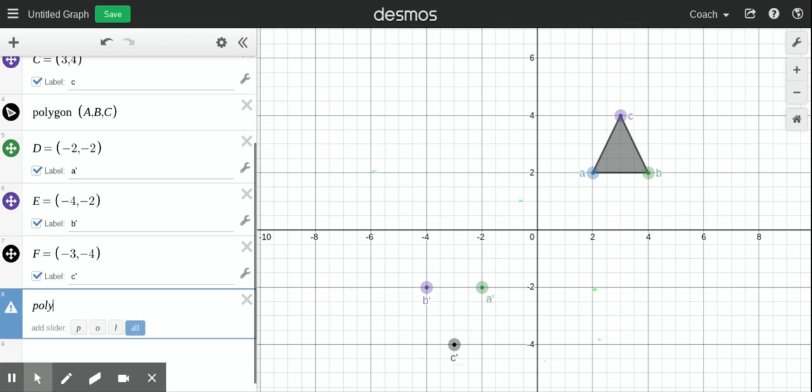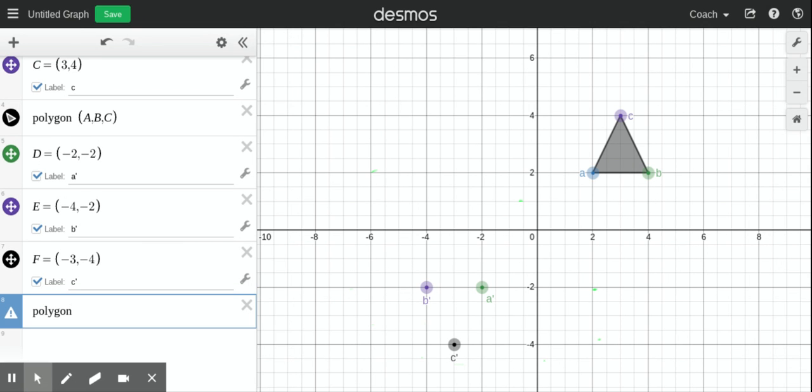Now if we just connect all of these together, the red polygon is now rotated 180 degrees.